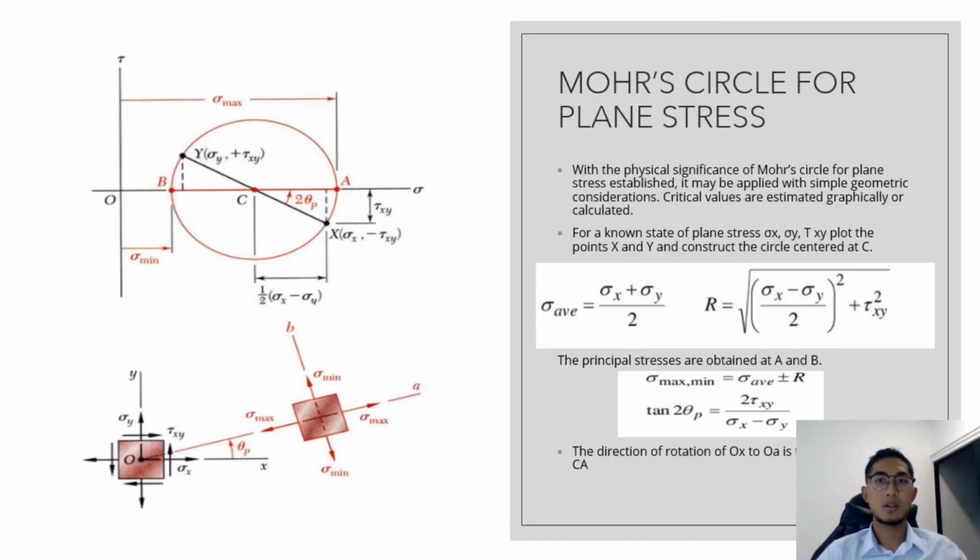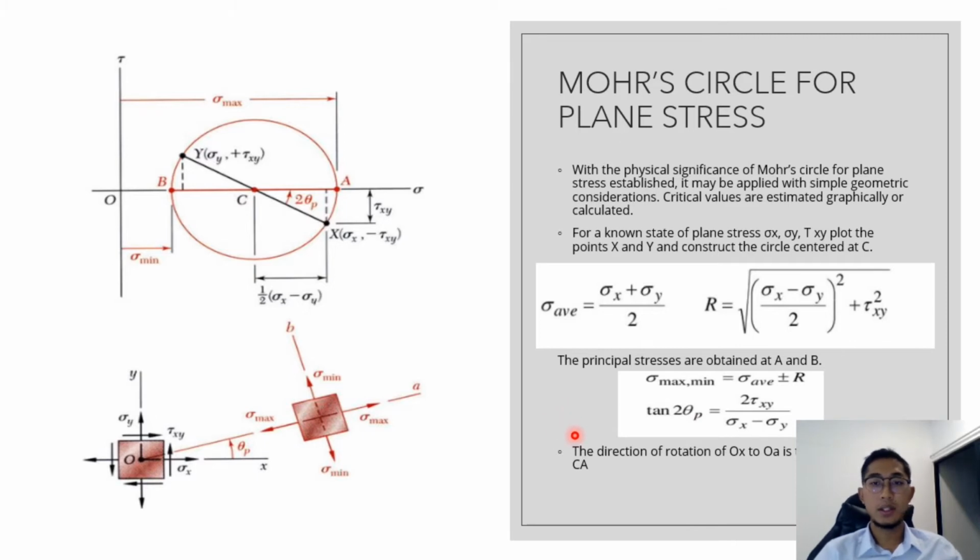So for the Mohr circle for plane stress, with the physical significance of Mohr circle for plane stress established, it may be applied with simple geometric consideration. Critical values are estimated graphically or calculated. For a known state of plane stress, sigma x, sigma y and tau xy, plot the points X and Y and construct the circle centered at C. We can use the formula as shown in the slide below.